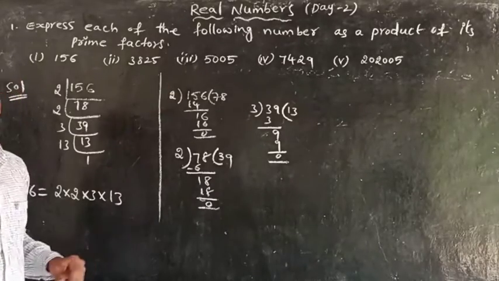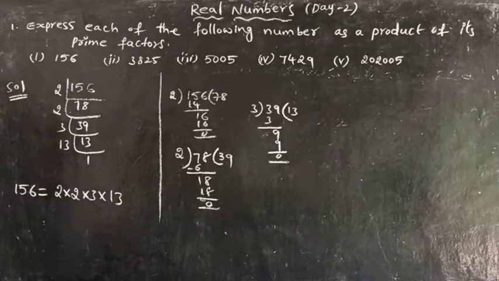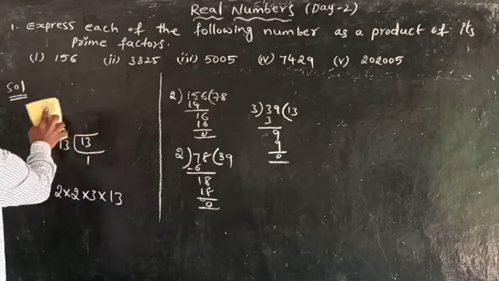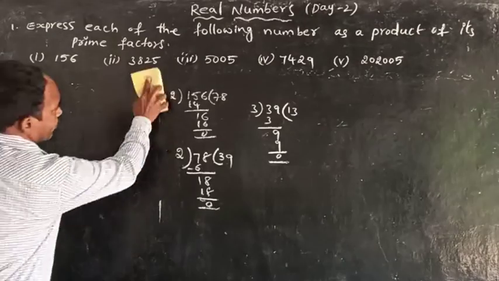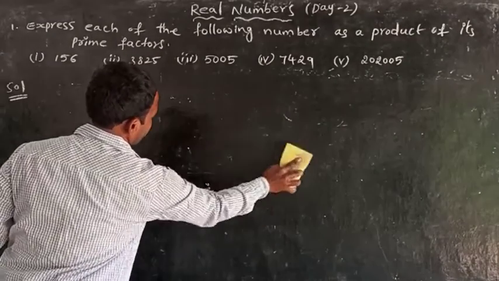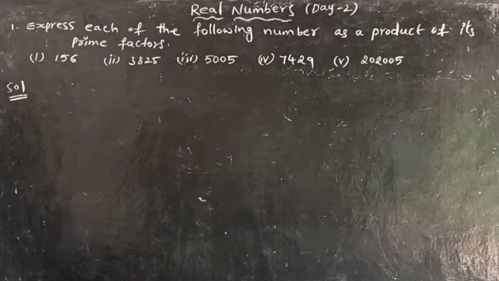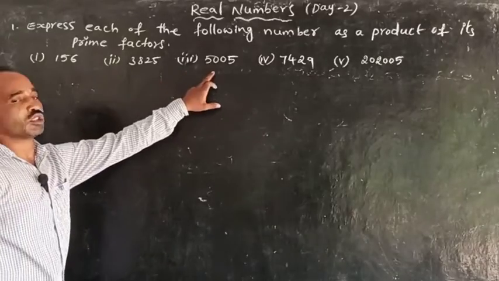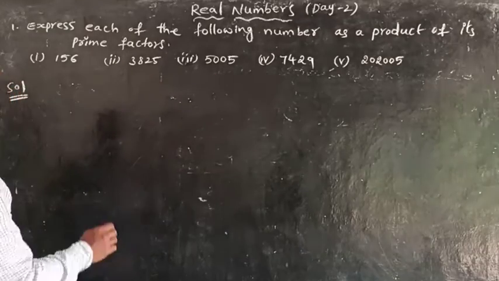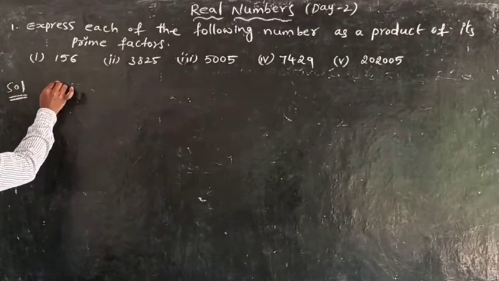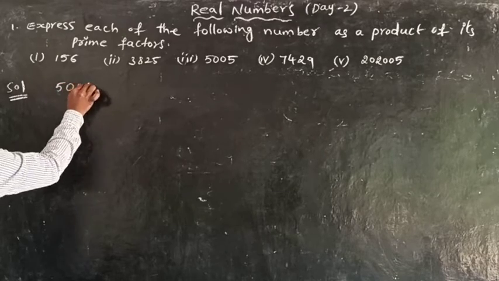One more question here. I am doing one more question here. So the third question we will now solve. The given number is 5005.